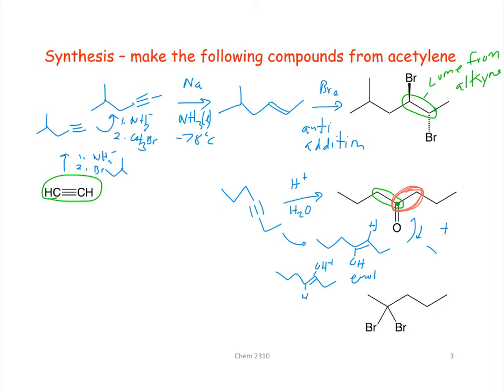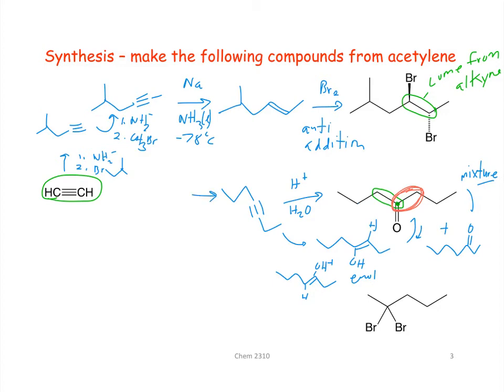That one is going to give us this ketone. Are those two the same? No, these are different. So we'd end up just getting a mixture here. So if we wanted the one that I started with, we just have to be able to separate and purify that mixture.